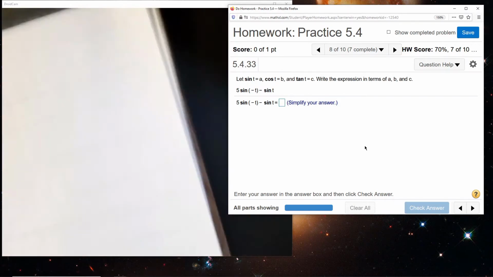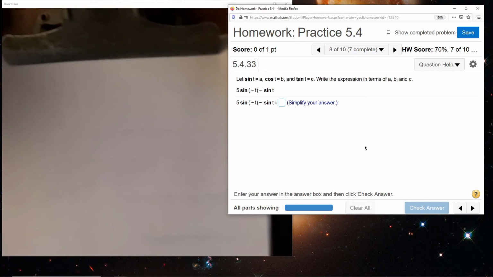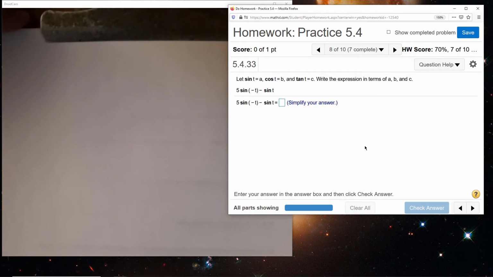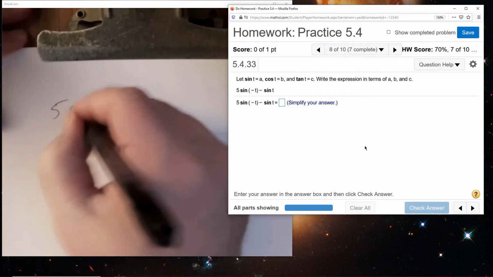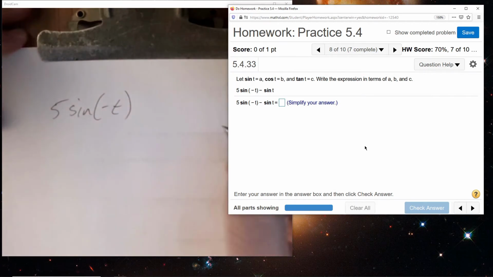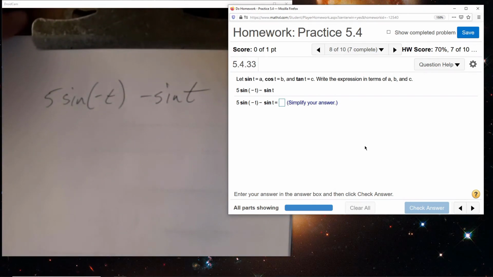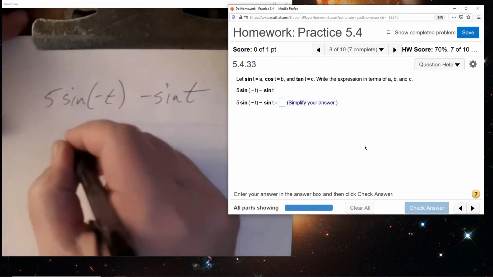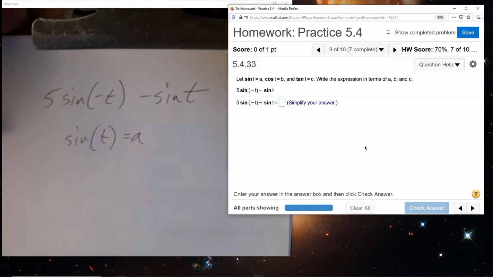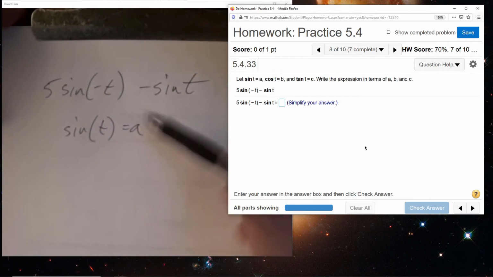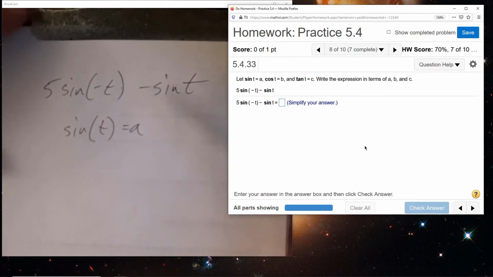All right, so just have some substitution here. These are a little test of your knowledge of even and odd functions. So first of all, if we look at what we have here, we have 5 sine of minus t minus sine t. And the information given is telling us that sine of positive t equals a. And then you want to recognize that sine is an odd function.